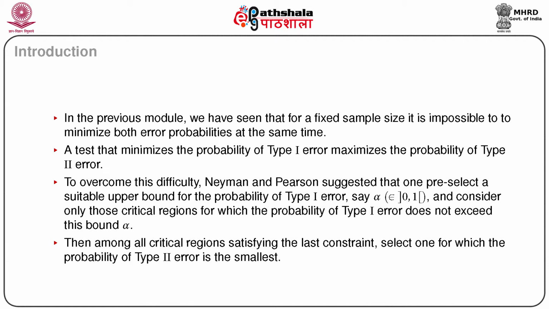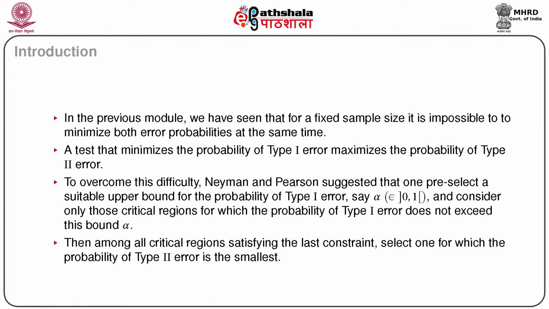To overcome this problem, Neyman and Pearson suggested that one may select a suitable upper bound for the probability of type 1 error and consider only those critical regions for which the probability of type 1 error does not exceed the selected upper bound.